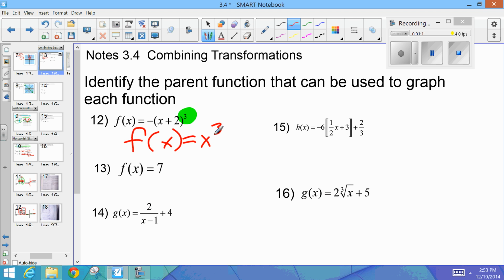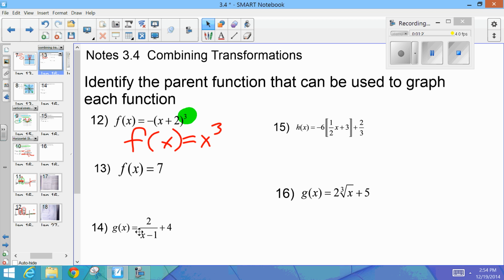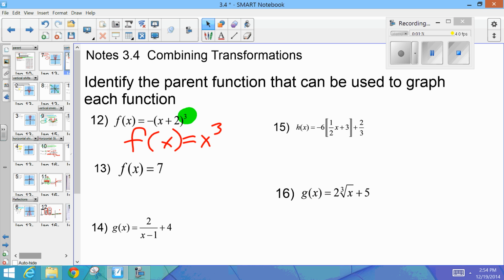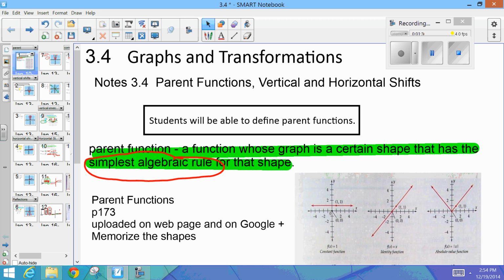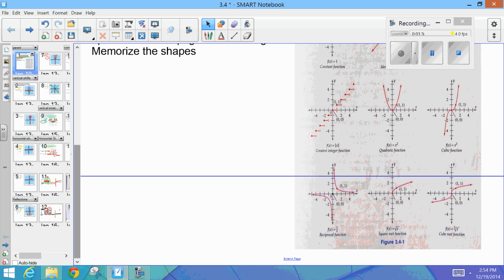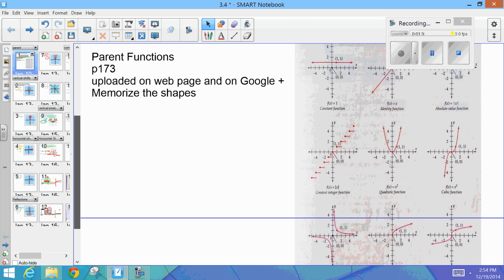Okay, your choices have to be those that are on that parent graph sheet that was in the beginning of this section. Number 13, f of x just equals a number. That is the constant graph. Let me see if I can find it. Oh, it must be the first one.